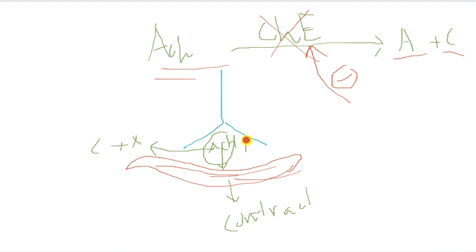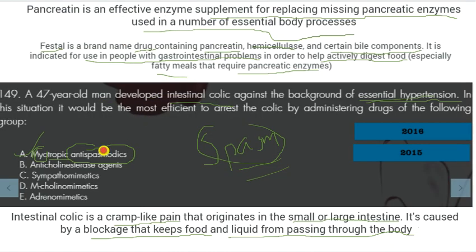The acetylcholine accumulates here and more receptors are activated. So the smooth muscle of the blood vessel cannot relax in this state, and hypertension will not be reduced. That's why we don't choose answer B.